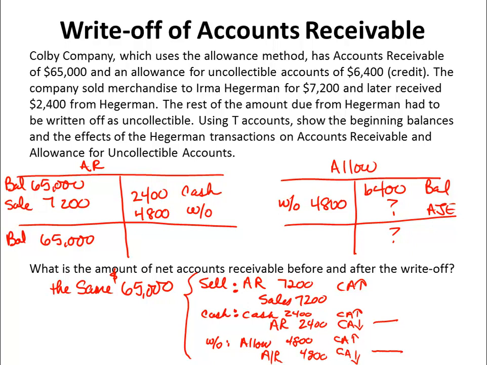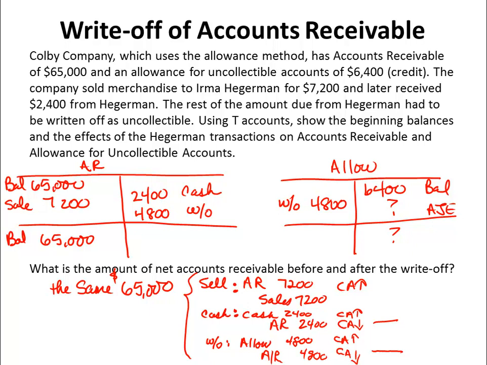Down below, we sell: debit accounts receivable $7,200, credit sales $7,200, which makes our current assets go up. When we collect cash from Irma Hegerman, cash is debited for $2,400, credit accounts receivable $2,400; current assets go up, current assets go down, so there is no change in current assets.